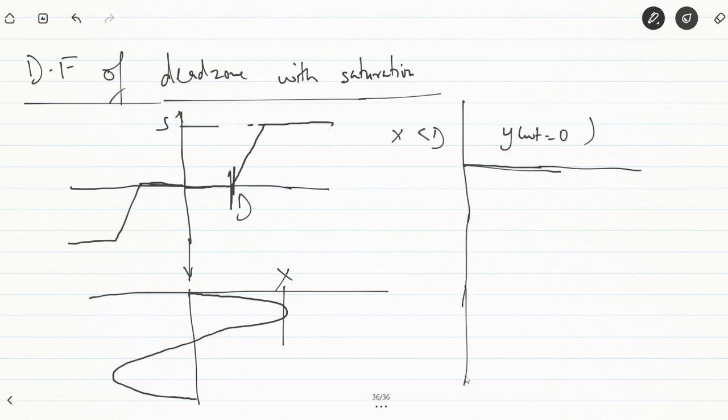In the second case, X is between D and S, that means somewhere in this portion. D is on the x-axis and S is on the y-axis, so this is not exactly a proper way of describing it, but you can understand what I am saying. Our input is lying somewhere in this region.